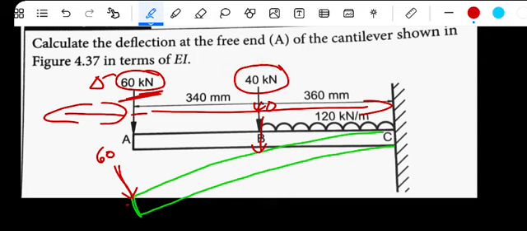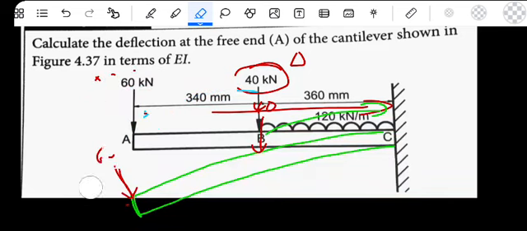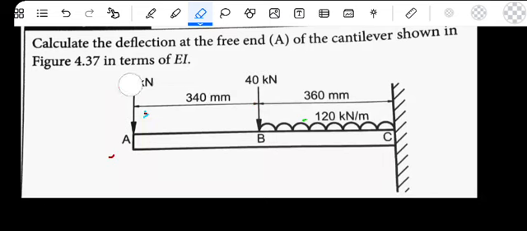But here we'll have two deflections, due to the point load and also the additional deflection that takes place this side. Also the deflection due to the additional. It will have additional deflection due to the point there. All right, we have discussed about that.